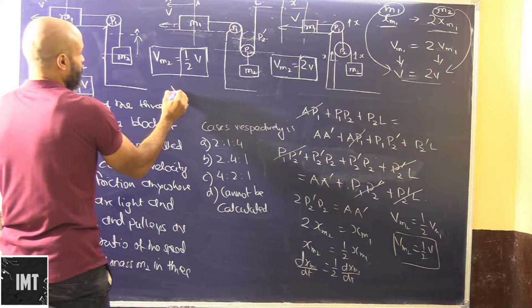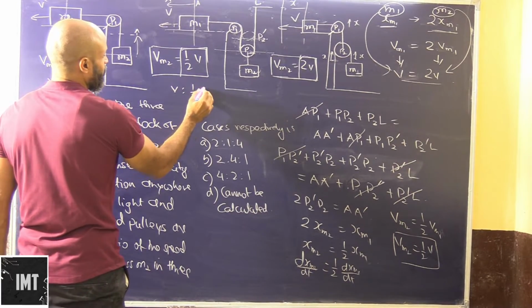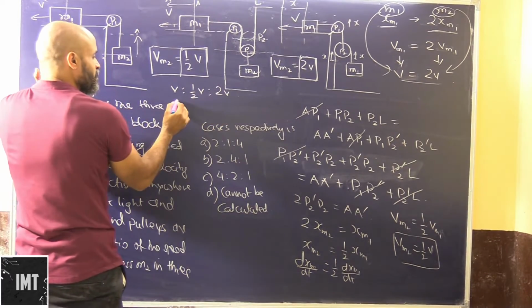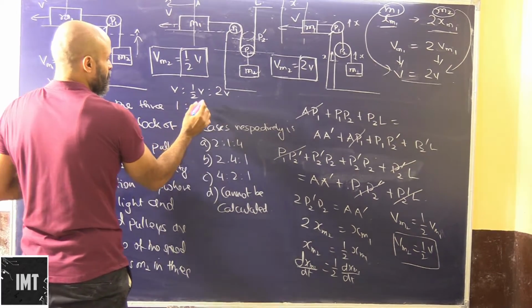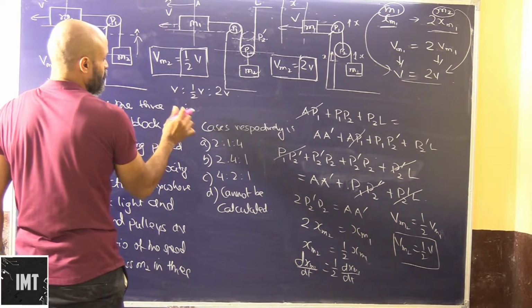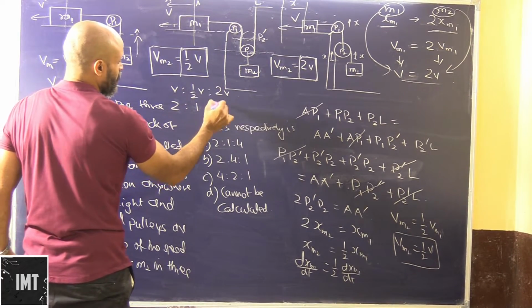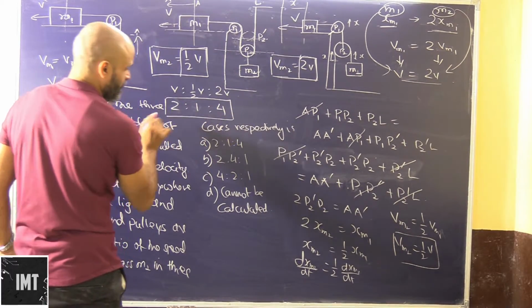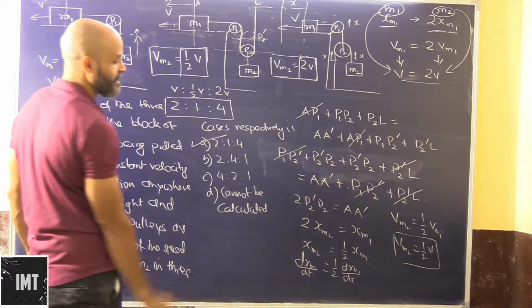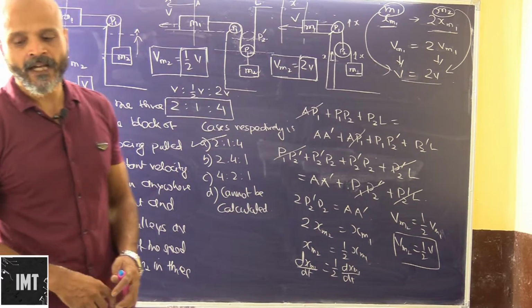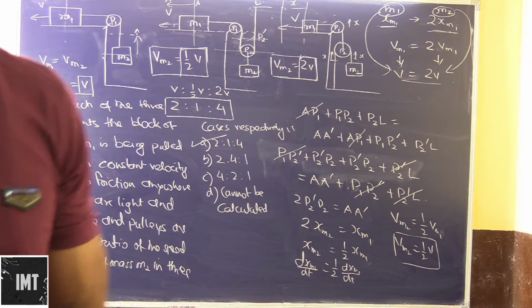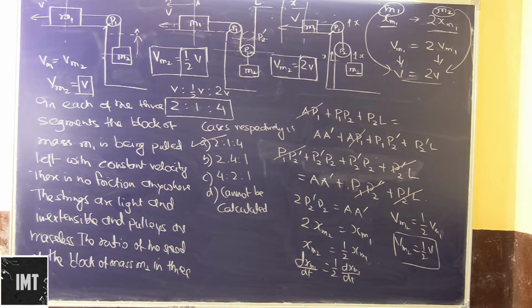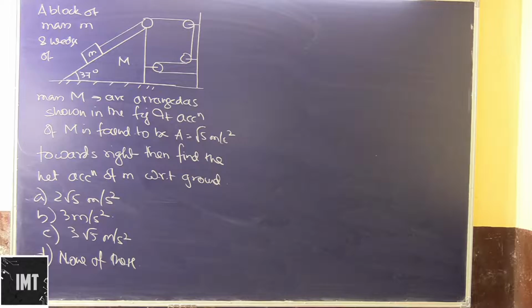It will be v is to 1 by 2v is to 2v, which means 2 is to 1 is to 4. 2 is to 1 is to 4 is the exact answer. This will be the correct answer. Have a look at it, people, and you can take a snapshot of the same.